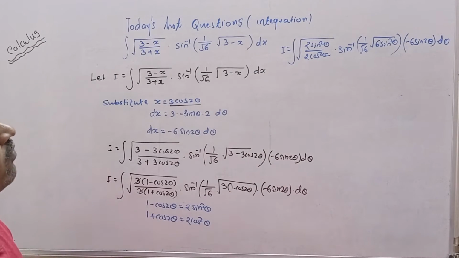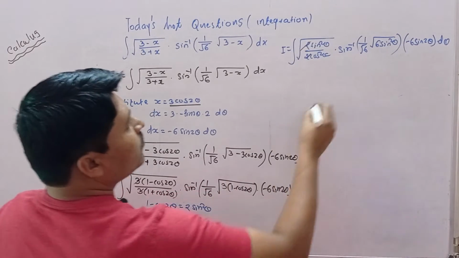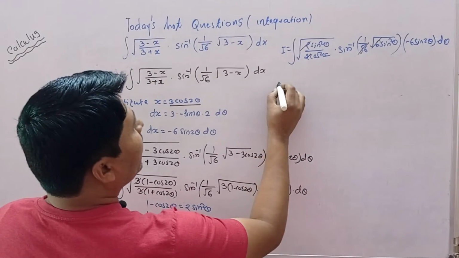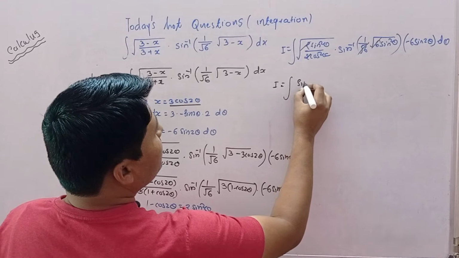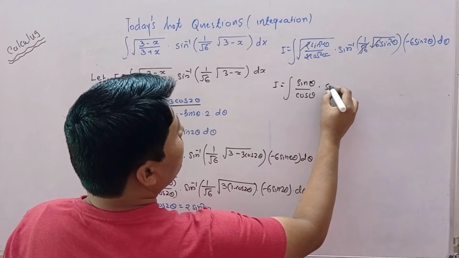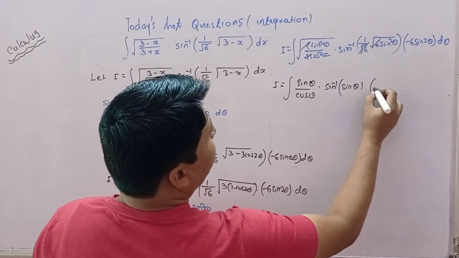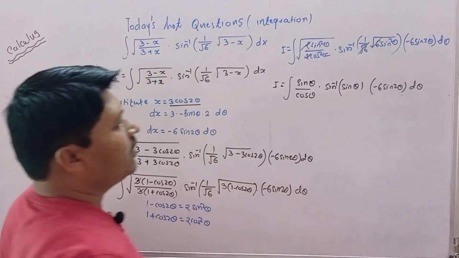Now we can find the integration. Here 2 gets cancelled, and root 6 and root 6 get cancelled, and I is equal to the integration of sine theta divided by cos theta into sine inverse of sine theta, into minus 6 sine 2 theta d theta.